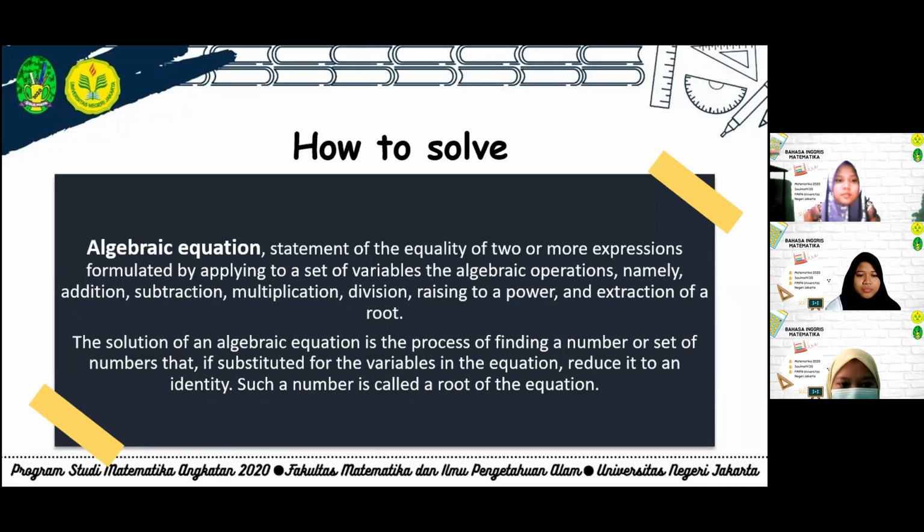The solution of an algebraic equation is the process of finding a number or set of numbers that, if substituted for the variables in the equation, reduce it to an identity. Such a number is called a root of the equation.